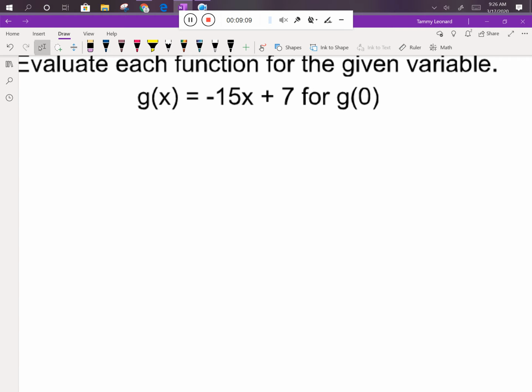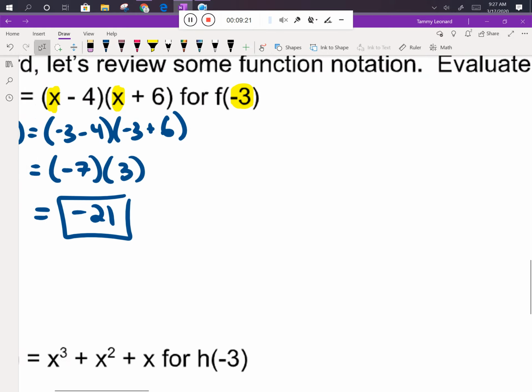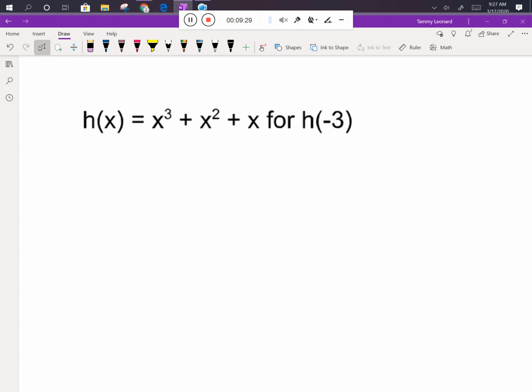Take a moment to compare your work to mine. Push pause if you need to because I'm about to go on to the next problem. Push play when you're ready to go with me. All right, I'm going to get you started on the last problem and then you're going to finish it up as part of your homework. We have h of x equals x cubed plus x squared plus x, and we're asked to evaluate for negative 3.